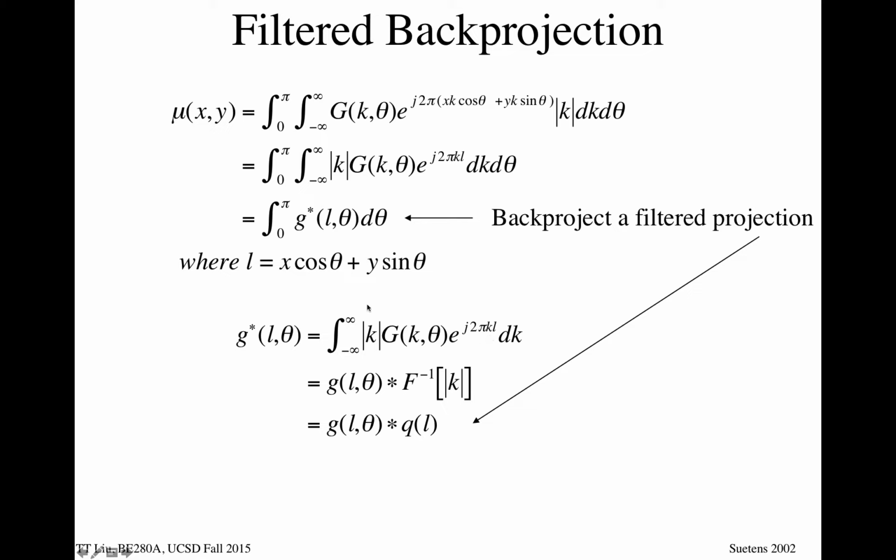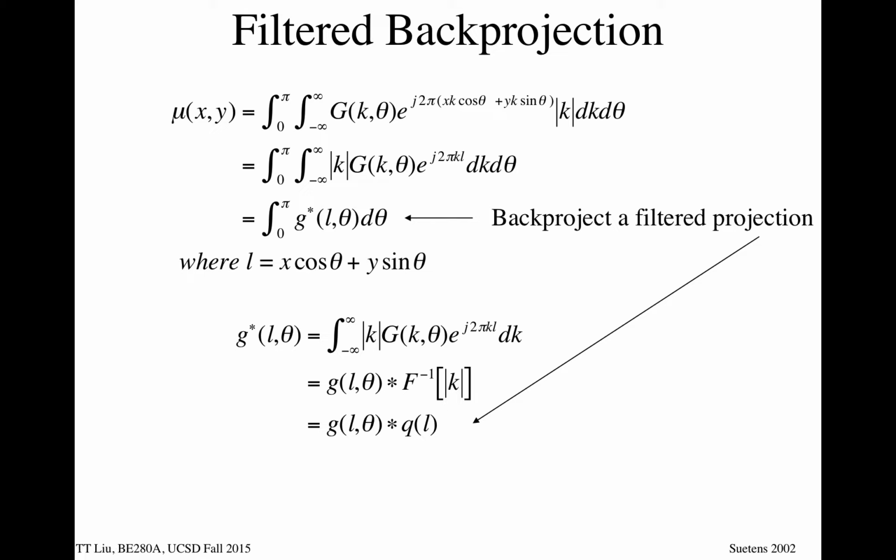So what theorem are we going to use here? We know that if I take the Fourier transform of the product of two things, it's the convolution in the spatial domain. My product is absolute value k times G k. So the Fourier transform there is the continuous Fourier transform of G k theta, which is G L theta, our original projection function, convolved with the inverse Fourier transform of absolute value of k.